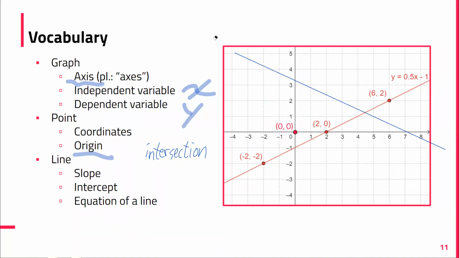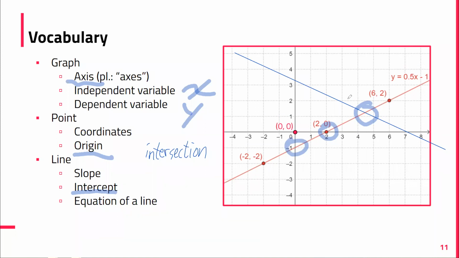Okay, right. So an intersection is just where any two random lines meet. The intercepts, so x-intercept or y-intercept, are a special kind of intersection specifically with one of the axes.